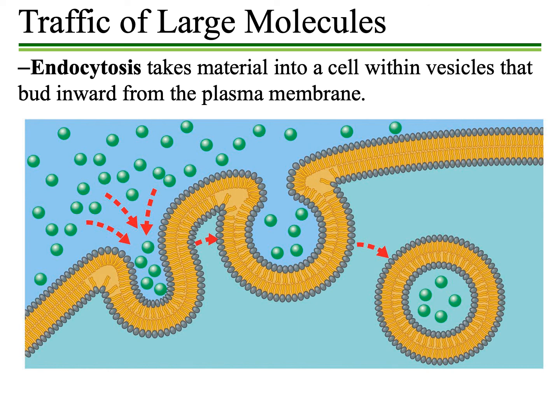Eventually, the membrane will close up on itself, like you see in the center of the figure. And lastly, it will pinch off from the plasma membrane, forming a vesicle with the green molecule contents inside. Now this molecule is inside of the cell and can be transported to whatever location the cell needs this particular green molecule.